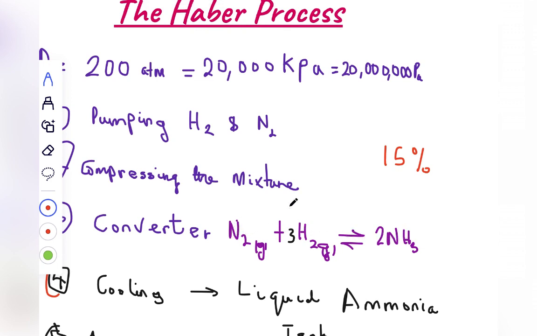And this forward reaction is exothermic. The backward reaction is endothermic, because it's a decomposition reaction. Either you say the backward reaction, or you say the reverse reaction, it's endothermic.